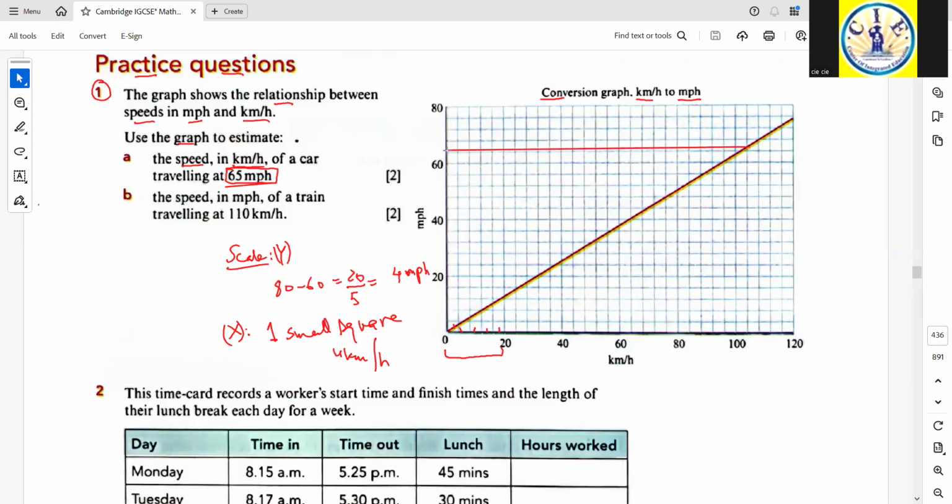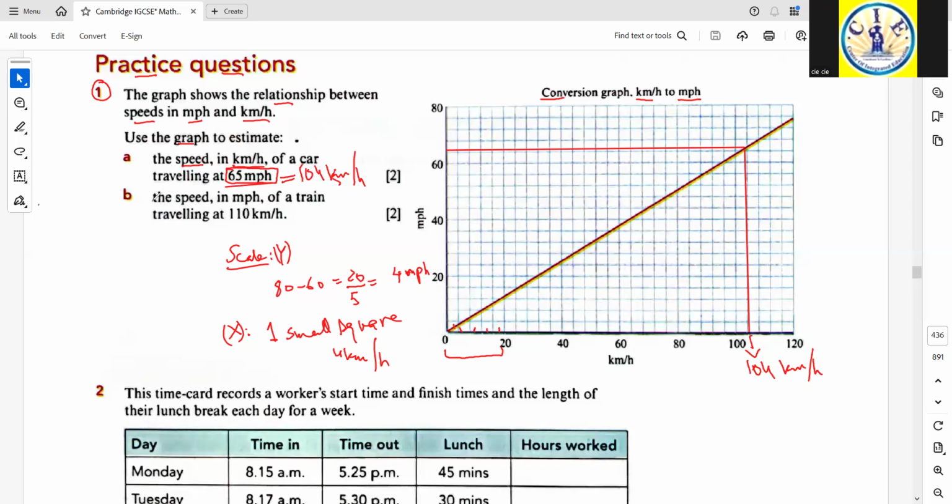So if you see, it comes here, and now you need to trace it down so that you get this one. So this is the answer. So we can say that it would be equal to 104 kilometers per hour.